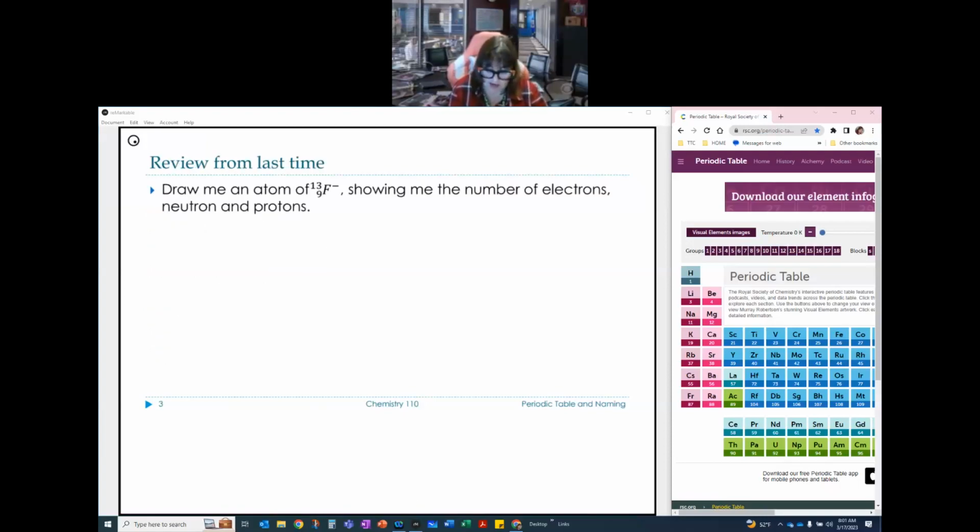So I asked you to draw me an atom of 13,9F minus, showing me the number of electrons, neutrons, and protons. So, okay, F minus. I know that F is number 9, so he's going to have 9 protons.